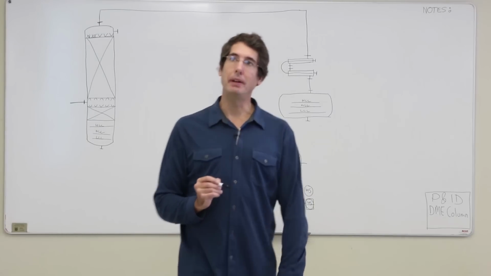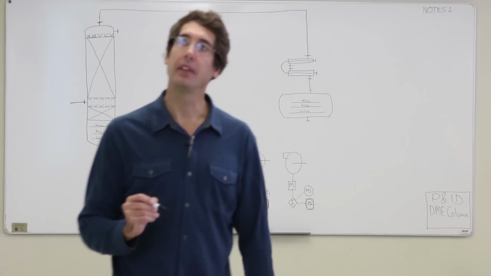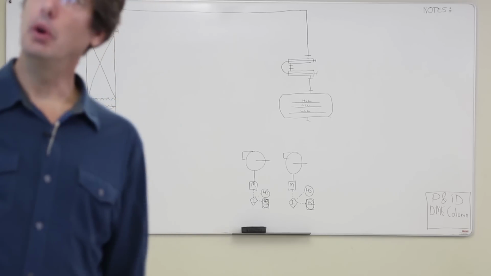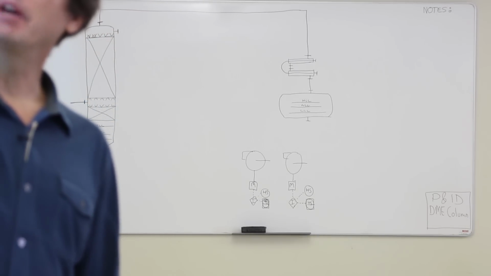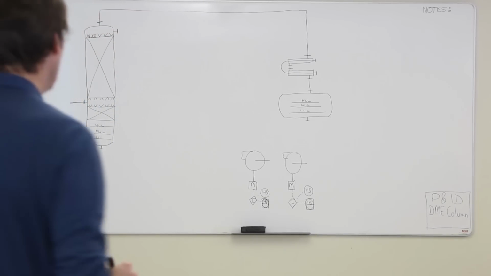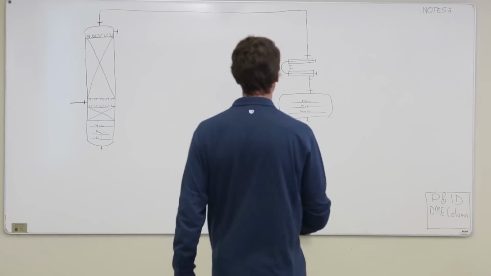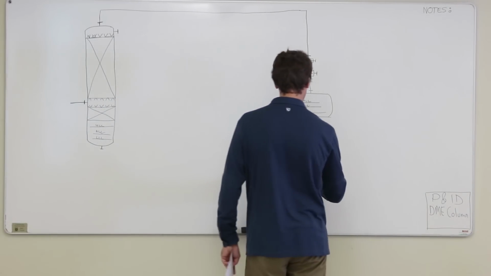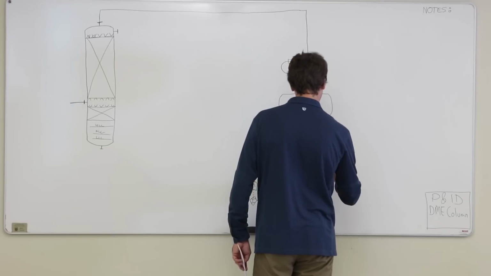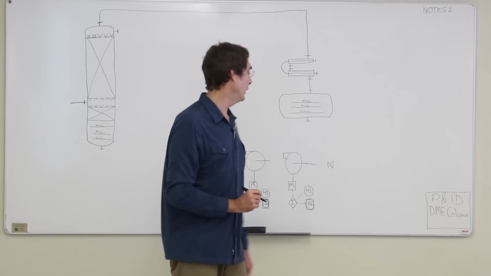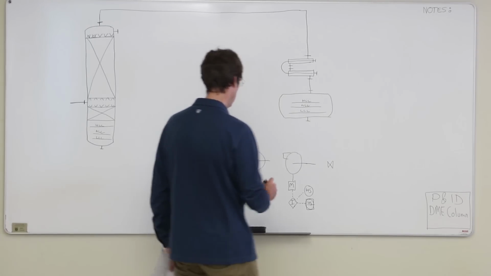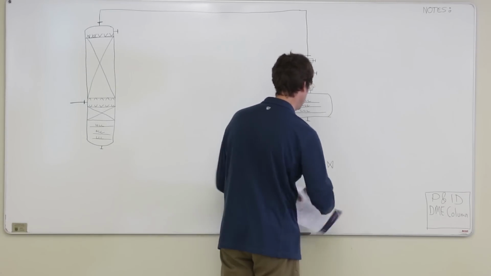Okay, so we need some piping for it as well. And the first thing you'll see as you come in from the left-hand side is an isolation valve. So we need an isolation valve in order to get to the pump. We may put it in the vertical section, actually.